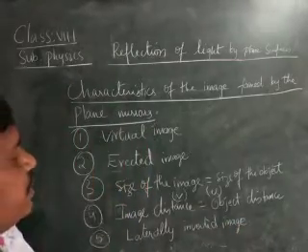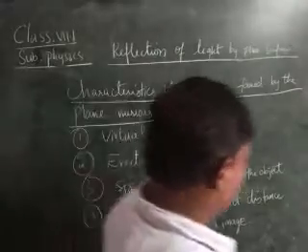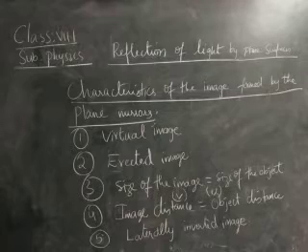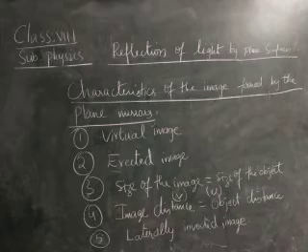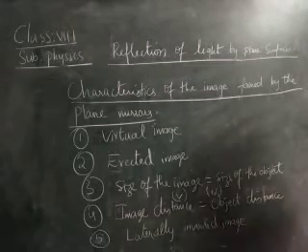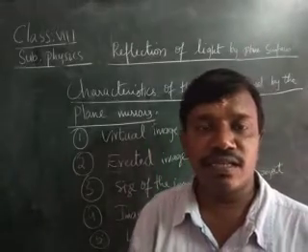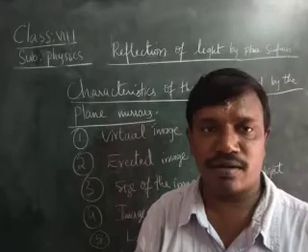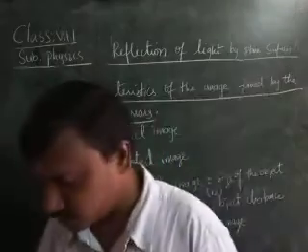It forms the virtual image, it forms the erected image, the size of the image is equal to the size of the object, the image distance is equal to the object distance, and it always forms the laterally inverted image. These are the 5 characteristics of the image formed by the plane mirror. This is a very, very important question that you should remember, children.